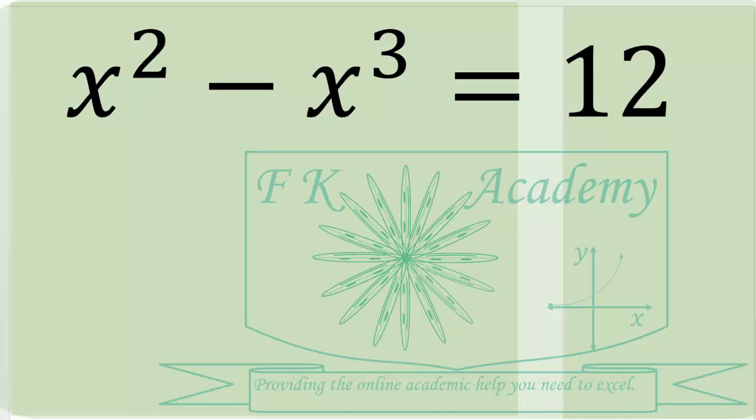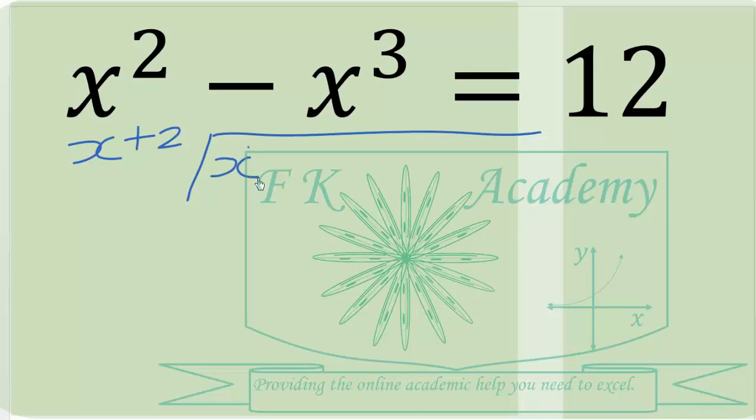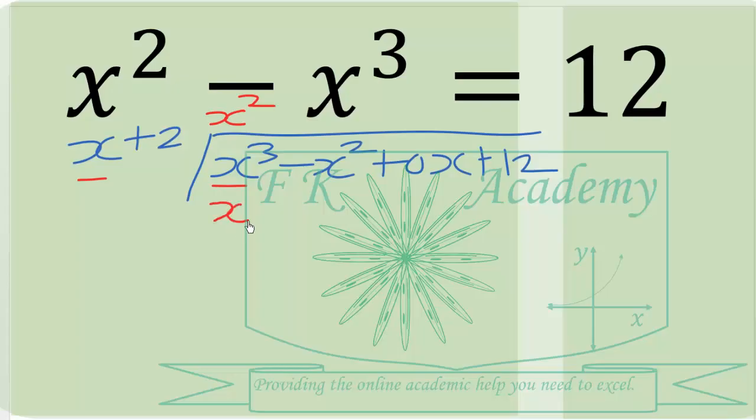So we have x plus 2 dividing the polynomial x cubed minus x squared plus 0x plus 12. We divide x cubed by x to get x squared, then we multiply x squared by x plus 2 to get x cubed plus 2x squared.